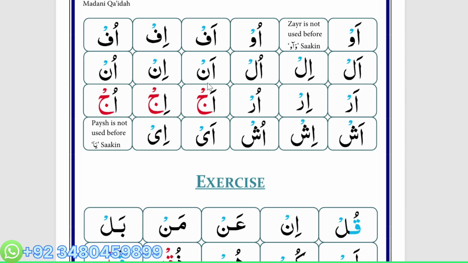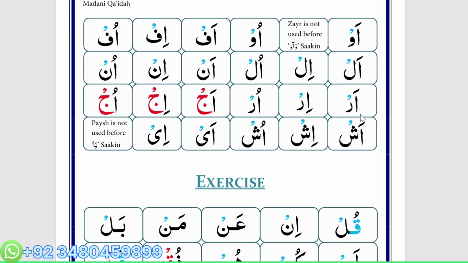Hamza Noon zabar an, Hamza Noon zair in, Hamza Noon pesh un: an, in, un.